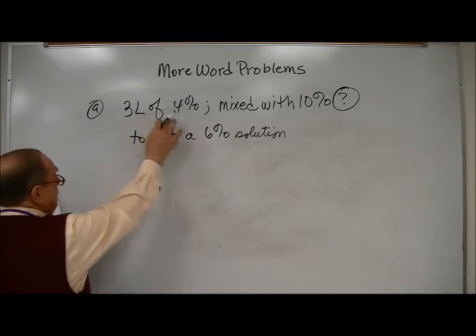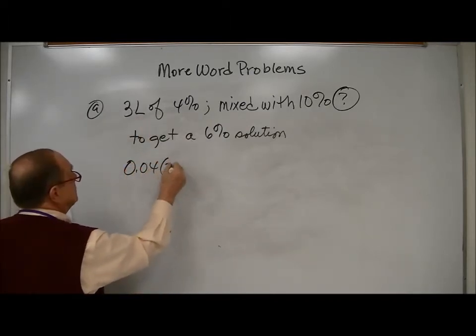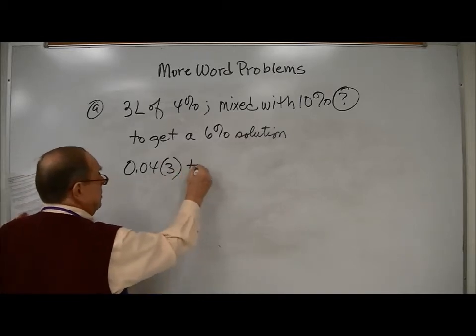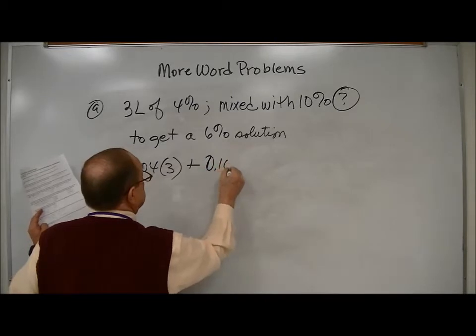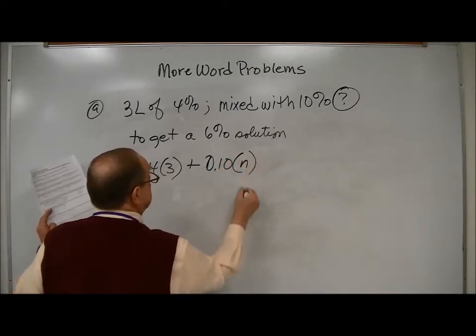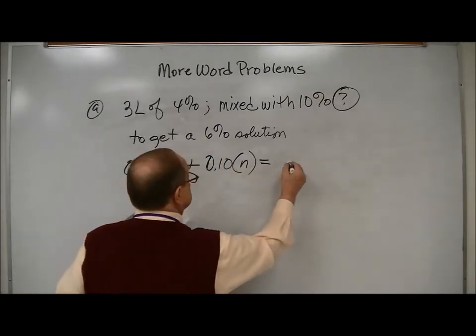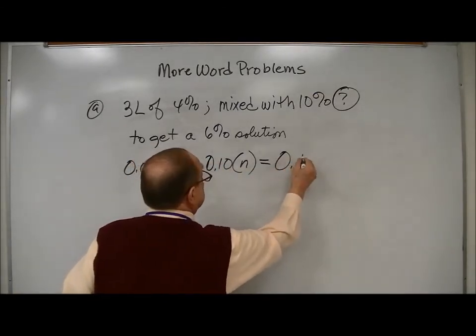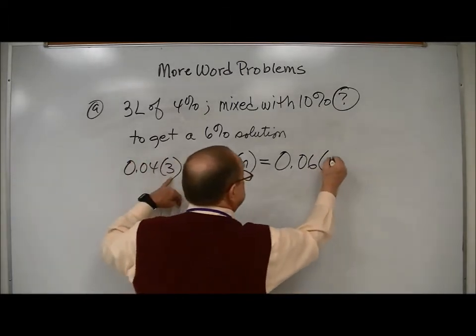We know we have 3 liters of this, so this will be 0.04 times 3 plus 10% of some unknown amount to get a 6%, something sort of in the middle, of this plus 3.